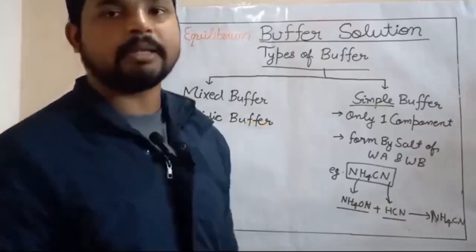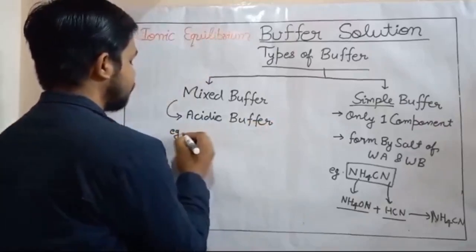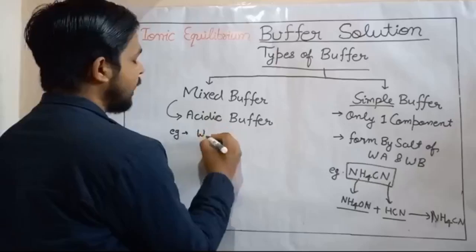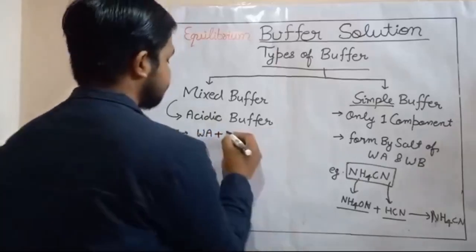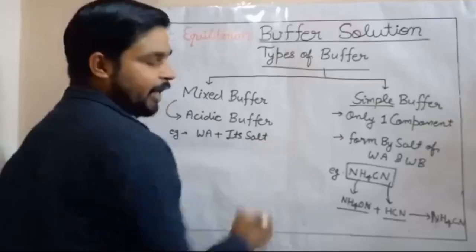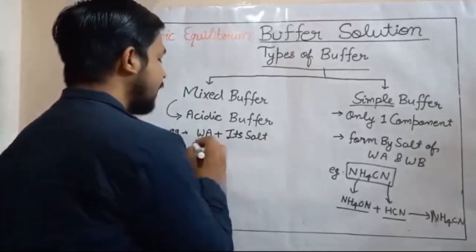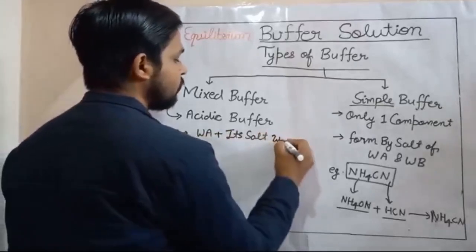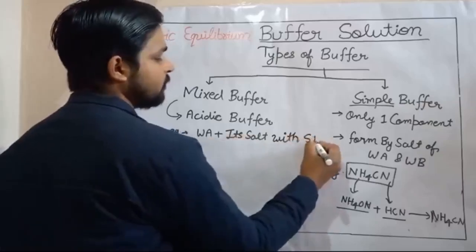An acidic buffer is formed by a weak acid plus its salt with a strong base.